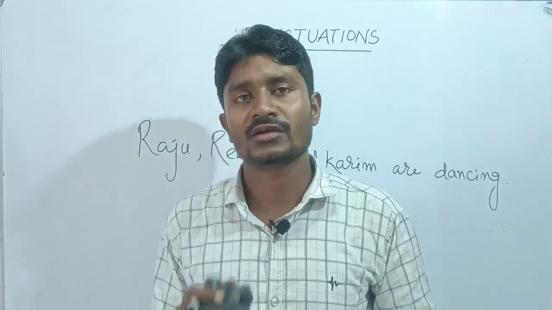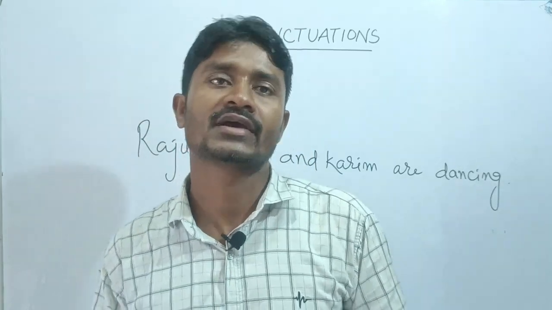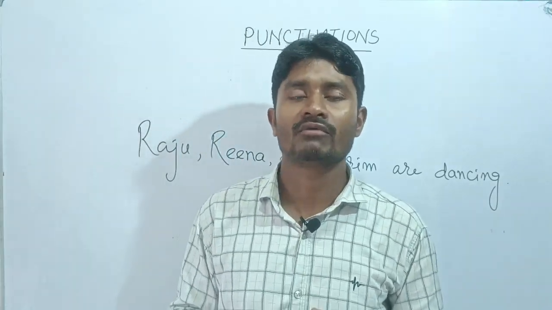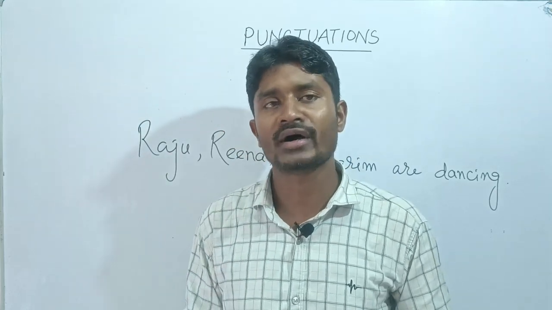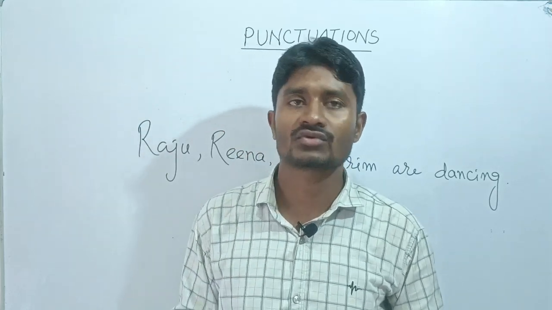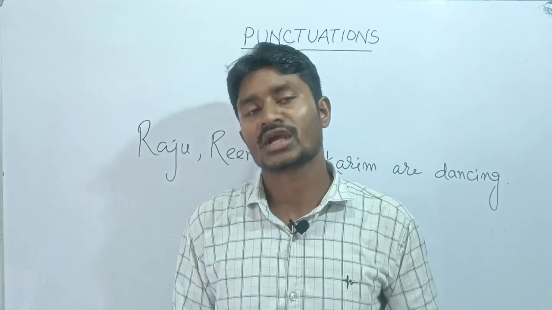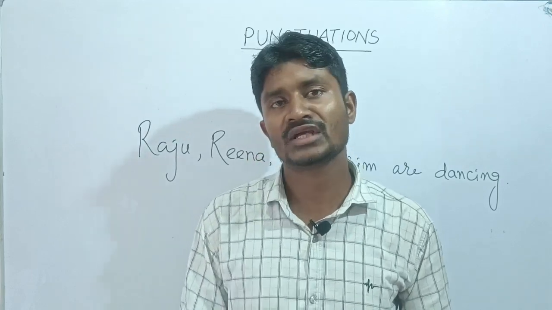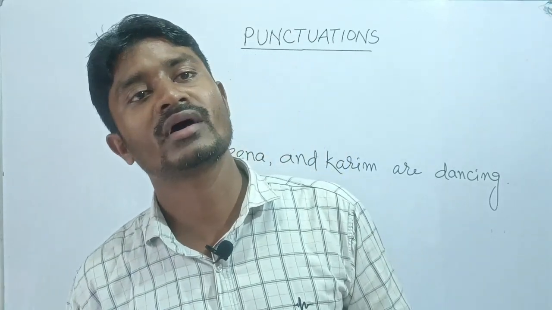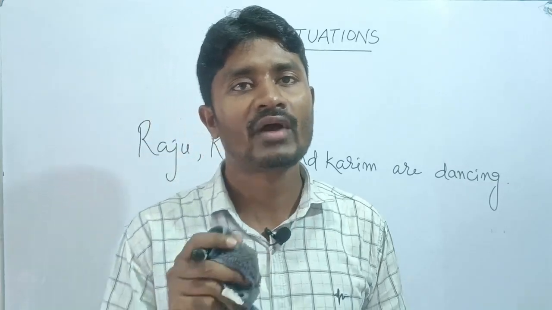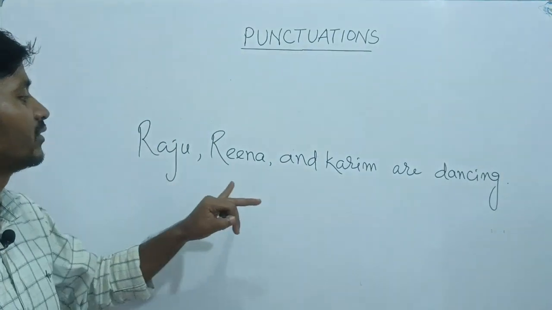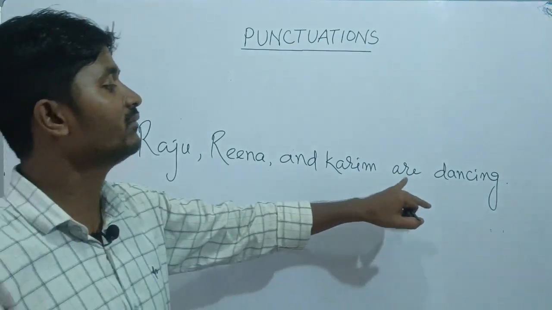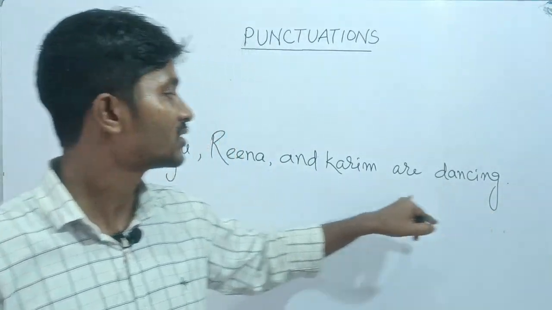So friends, another important point you have to remember about the use of comma is that a comma also indicates a short pause in a sentence. While reading, if you see a comma in a sentence, then you have to give a short pause. For example, Raju, Reena and Karim are dancing.